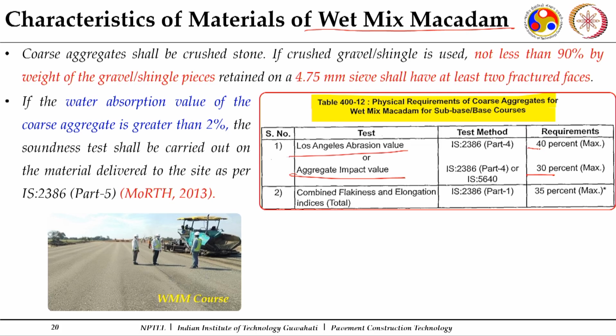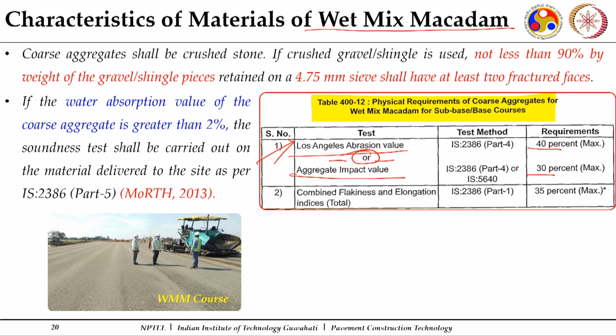Second is Los Angeles abrasion value, which should be 40%. An option is given here: you can do a Los Angeles abrasion value or an aggregate impact value. It is preferred to go for Los Angeles abrasion value if the water absorption is not more than 2%.